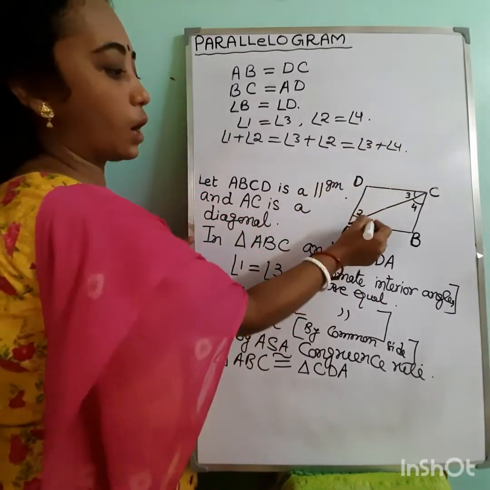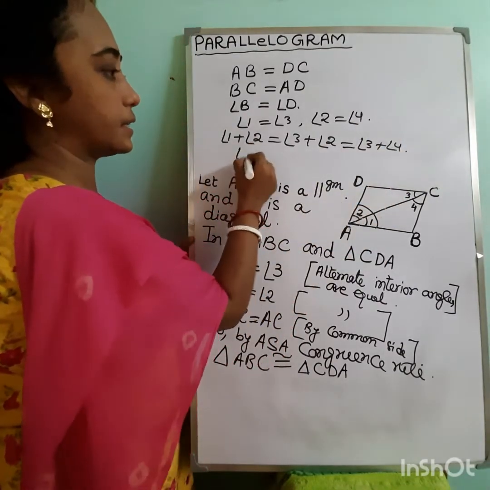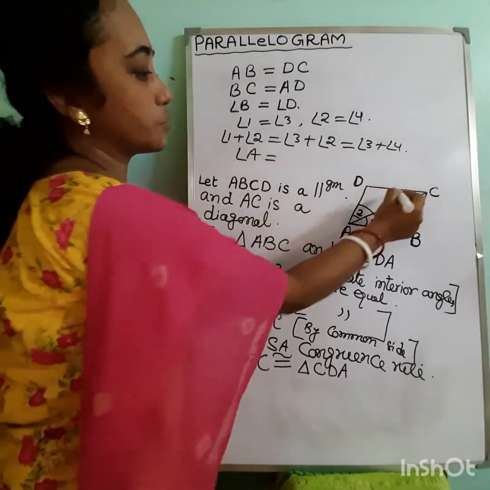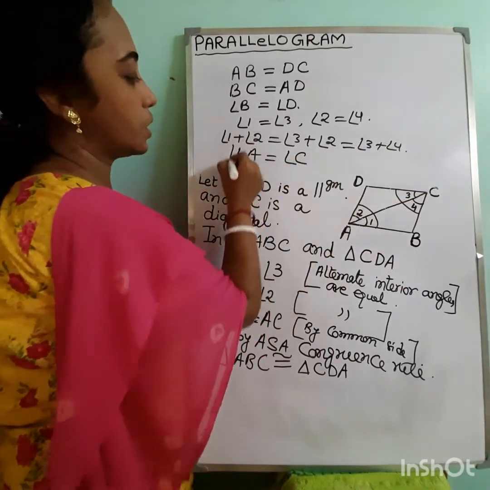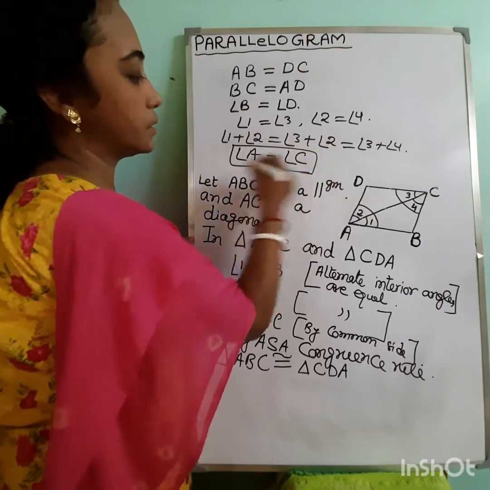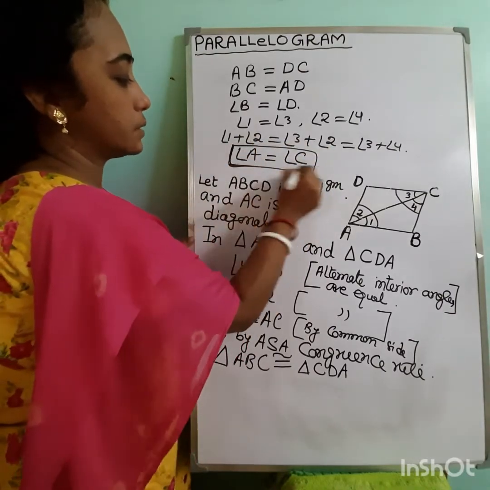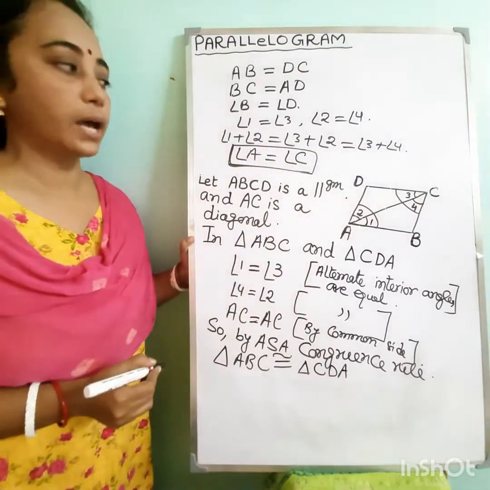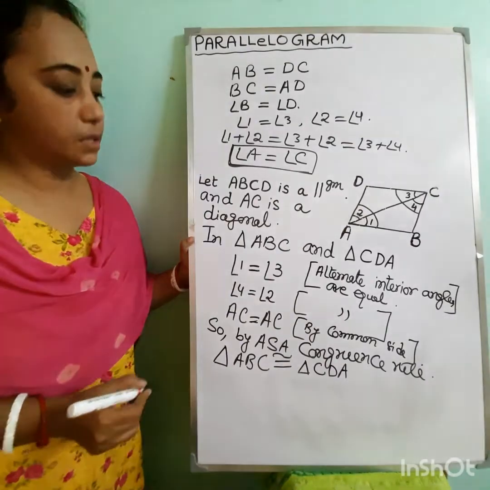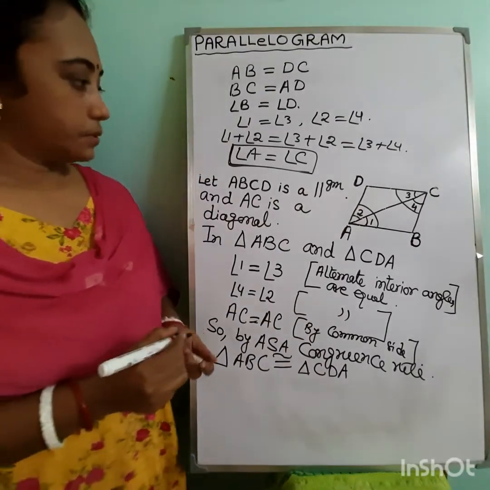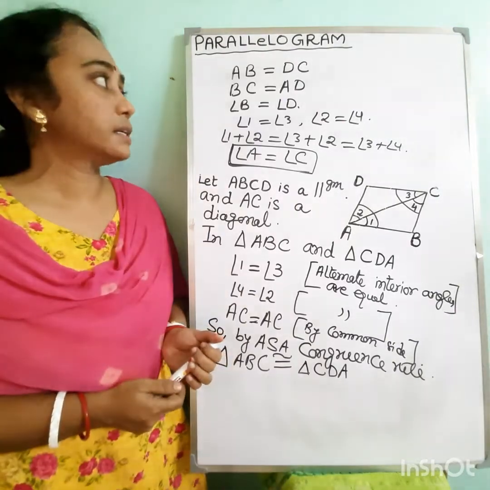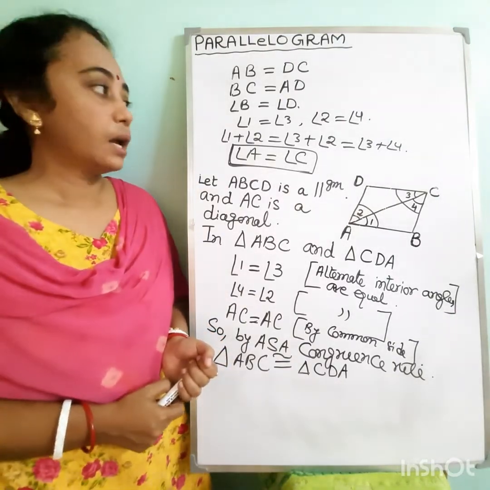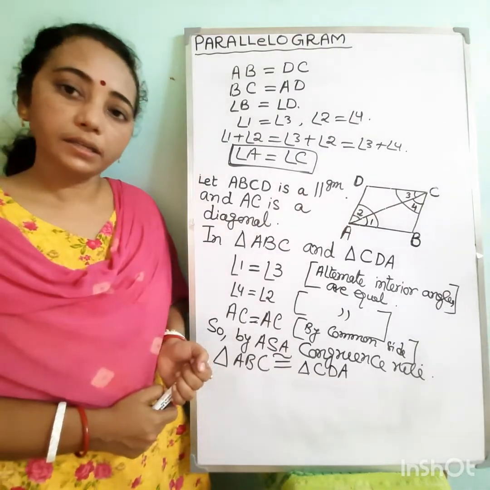So angle 1 plus 2, this angle, that is angle A, is equal to angle 3 plus 4, this angle, that is angle C. So here we get another important equality, angle A is equal to angle C. So from the diagram we can easily say that opposite sides are equal and opposite angles are equal.